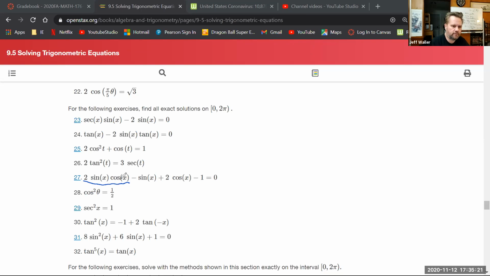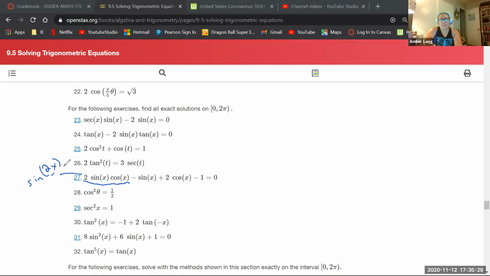I don't know if you guys get what I'm saying. So that is sine of 2x, but then your angles won't match. So that doesn't seem like a great way to go. So what else could we do here? I got nothing.